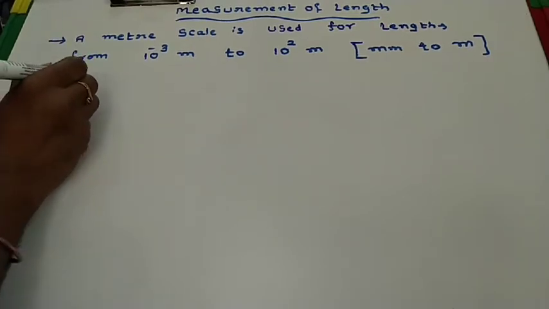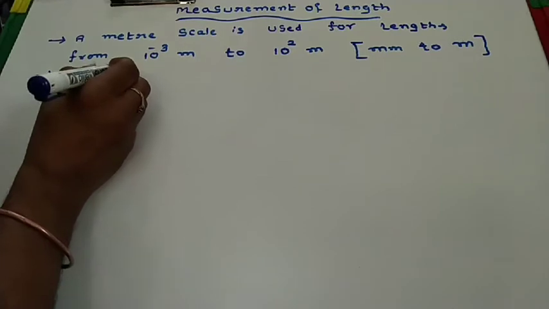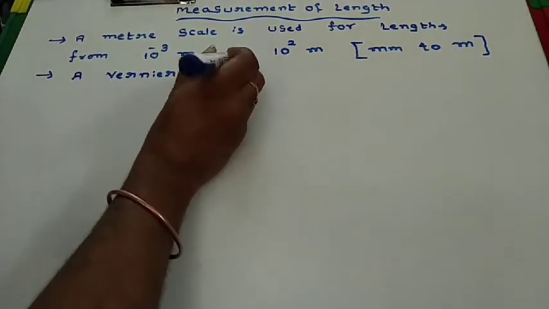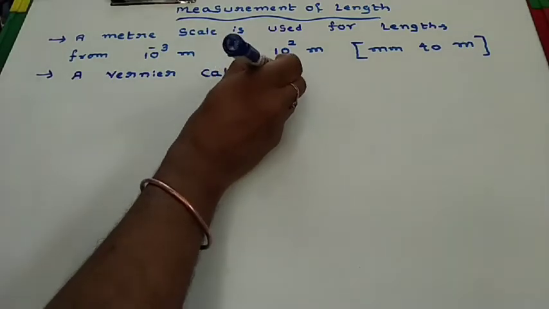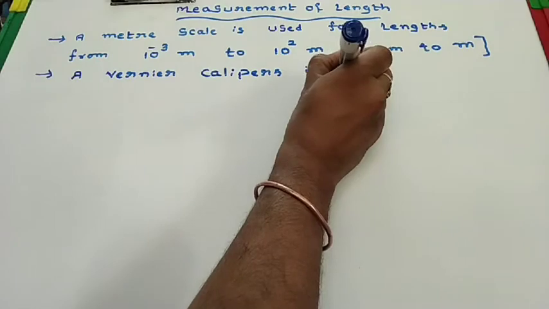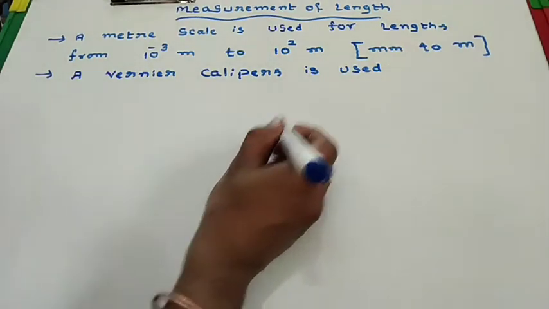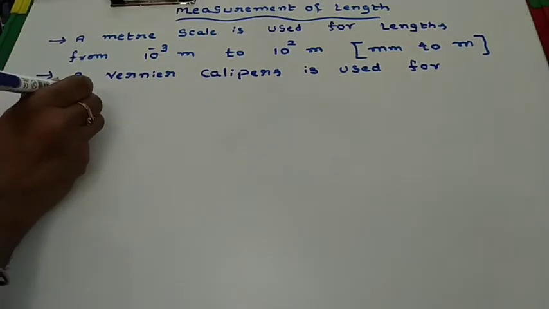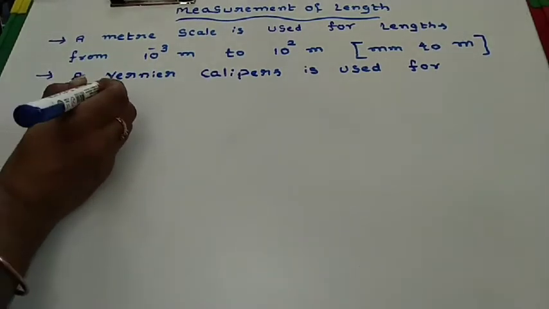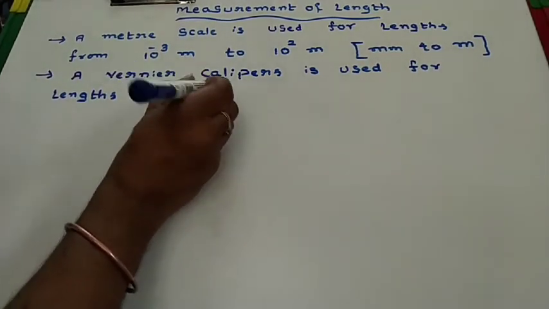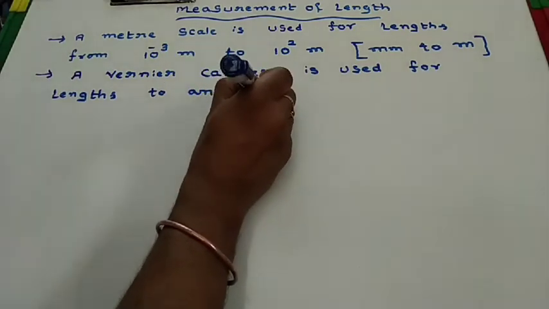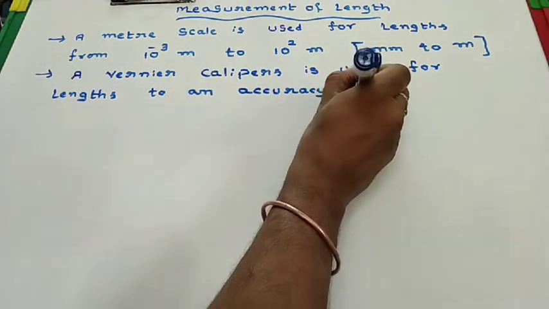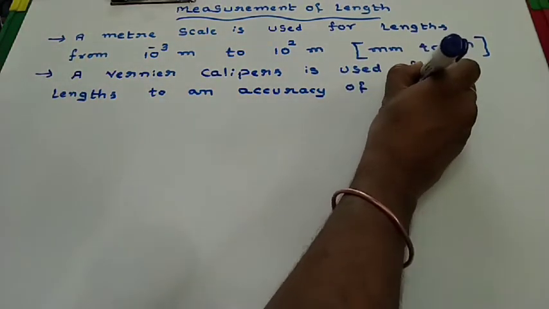A vernier calipers is used for length to an accuracy of 10 to the power of minus 4 meter.